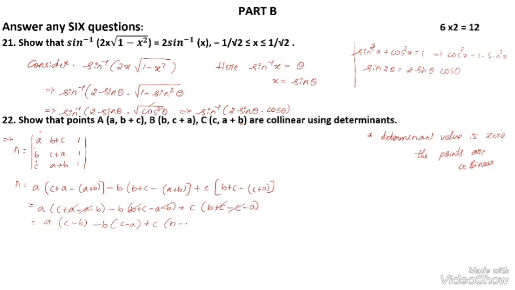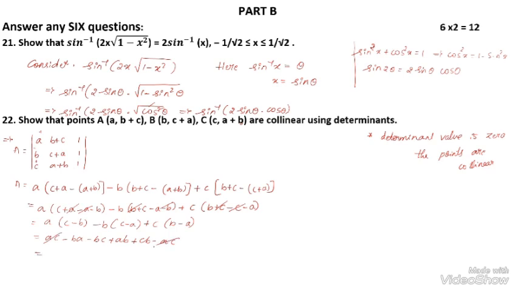We have B minus A. Now again multiplication: AC minus BA minus BC minus minus plus AB plus CB minus AC.